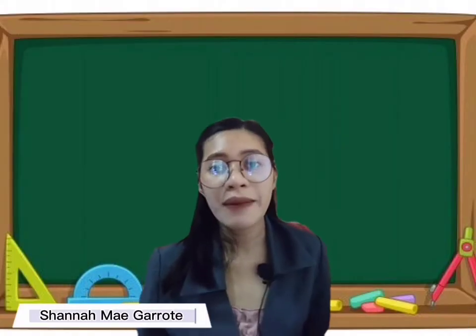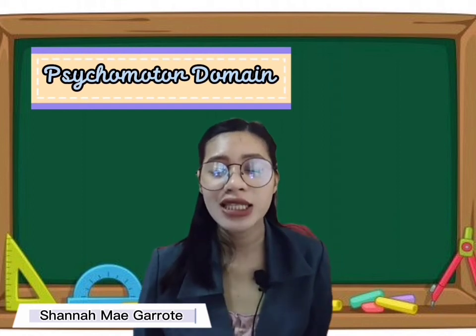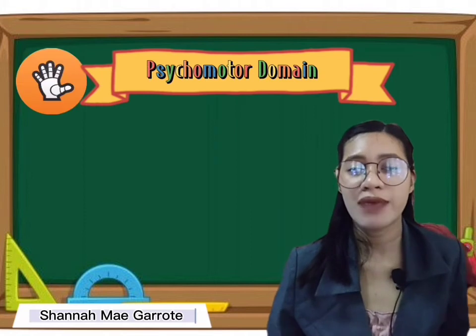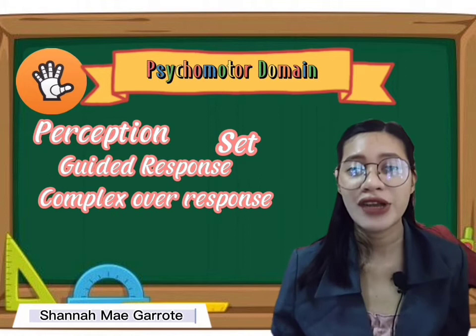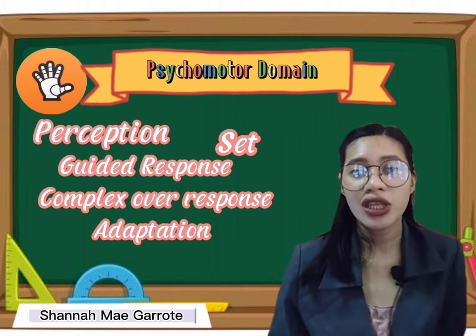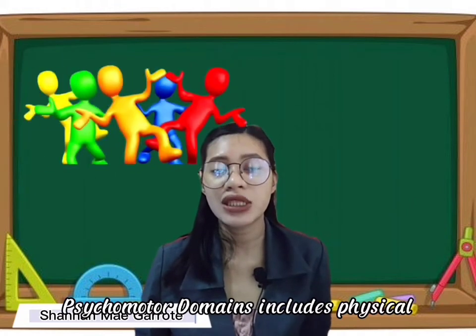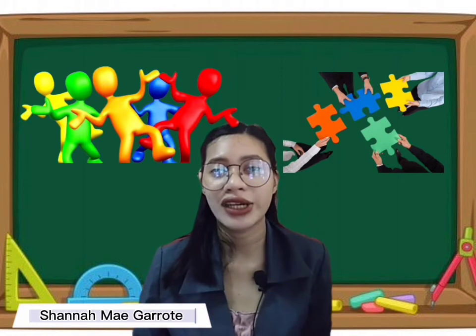In the scene, Mr. X used the psychomotor domain, which is the mechanism of basic proficiency. Other examples are perception, set, guided response, complex overt response, adaptation, and origination. The psychomotor domain includes physical movements, coordination, and use of motor skill areas.